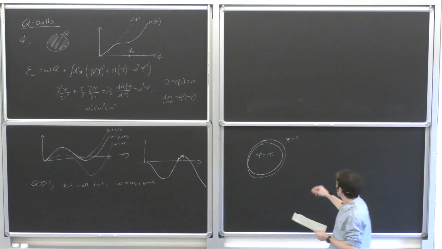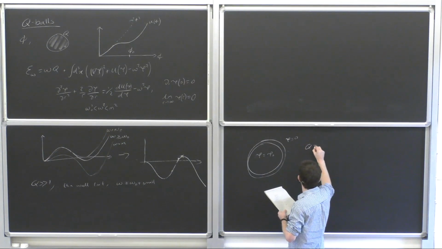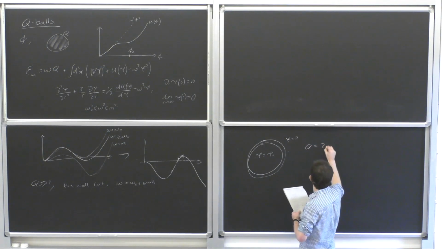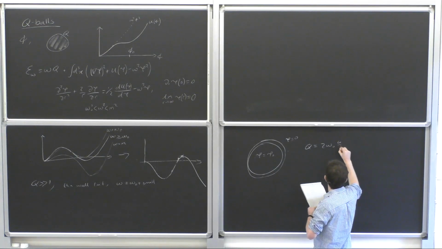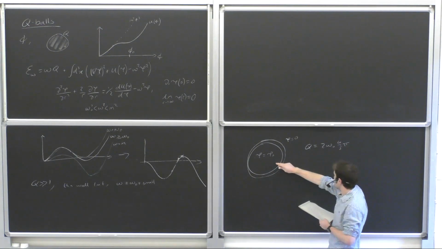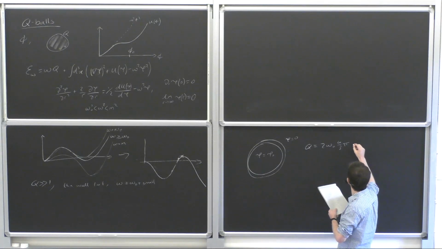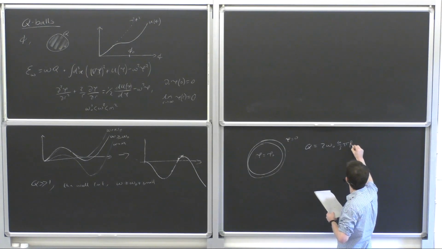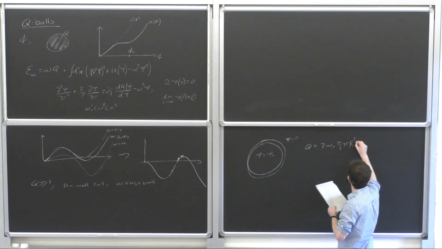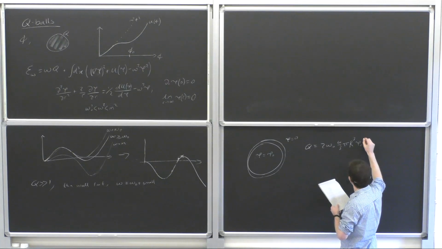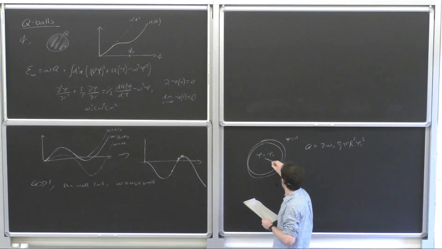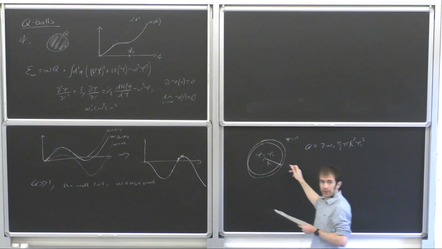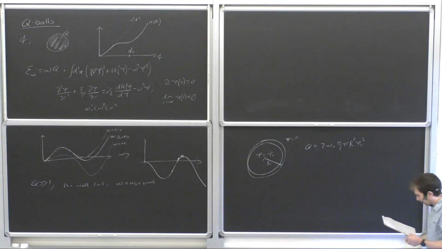Without too much work, you can prove that in this case the charge Q is equal to 2 omega naught, and then just the volume of the internal region, so 4/3 pi r cubed times phi naught squared, where r is the radius of this Q ball.